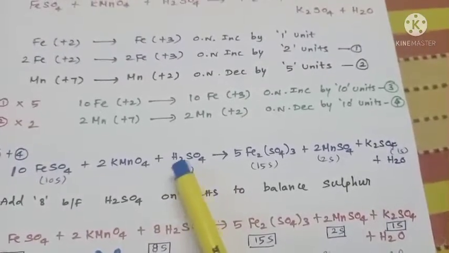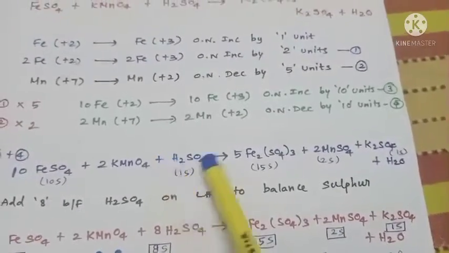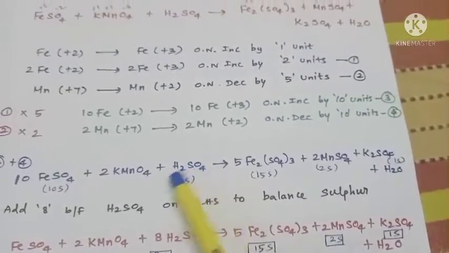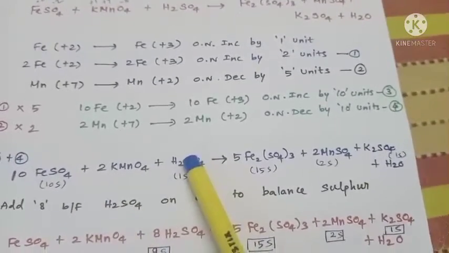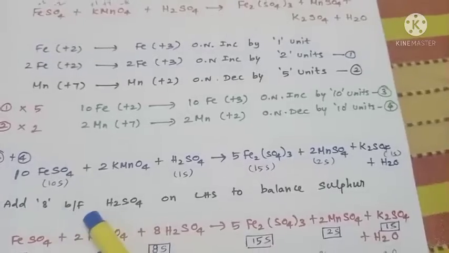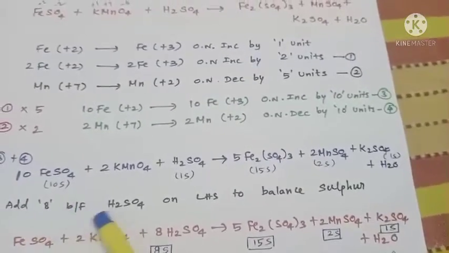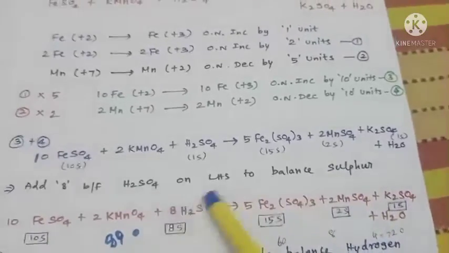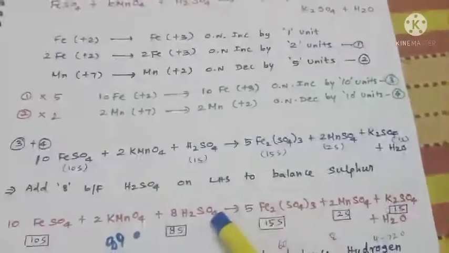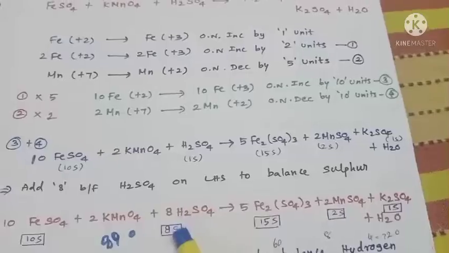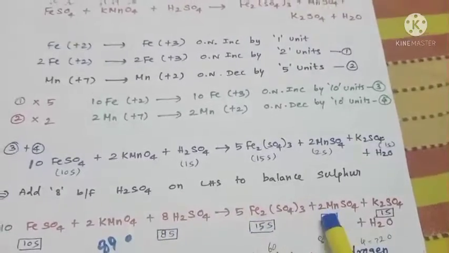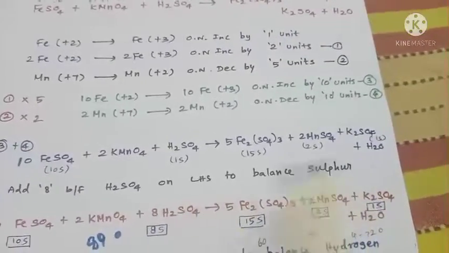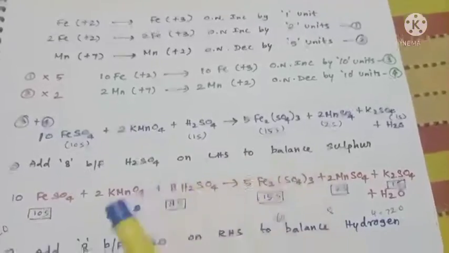For that, I am going to introduce 8 before sulfuric acid. Now it becomes 8 sulfur, 10 plus 8, 18. So sulfur is getting balanced. Add 8 before H2SO4 on the left hand side for balancing sulfur. Now you see the 10 sulfur here, 8 here, and 15 plus 2, 17 plus 1, 18. The sulfur atoms are balanced, 18 on either side, isn't it?